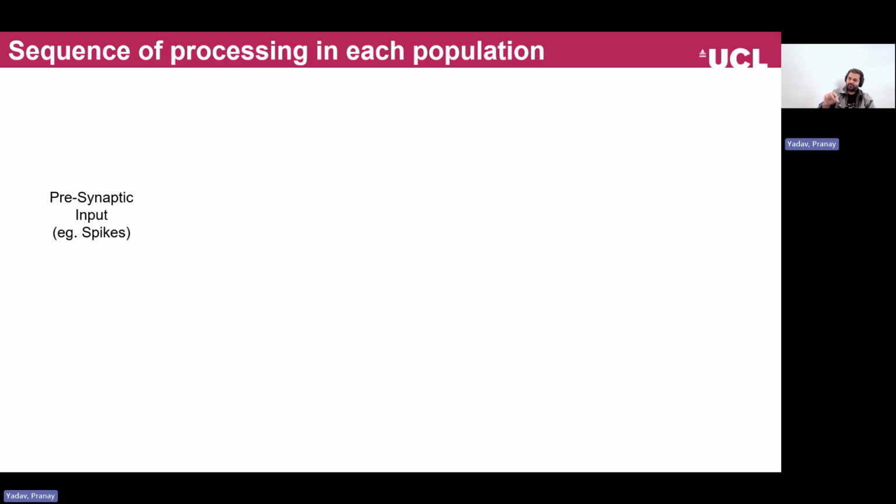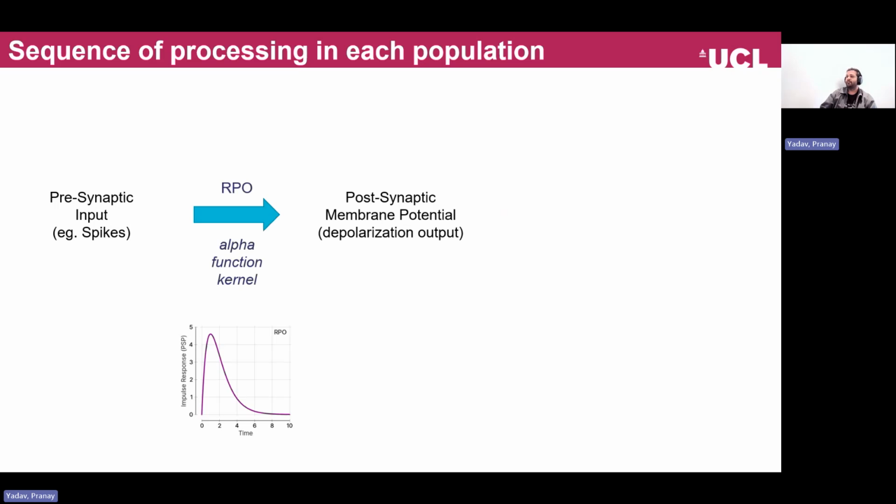Right. So now what is happening in each population? There's a certain sequence where each population receives presynaptic input, which is in the form of spikes. This input is converted to a postsynaptic membrane potential using the rate to potential operator, which convolves the input spikes with a synaptic kernel.